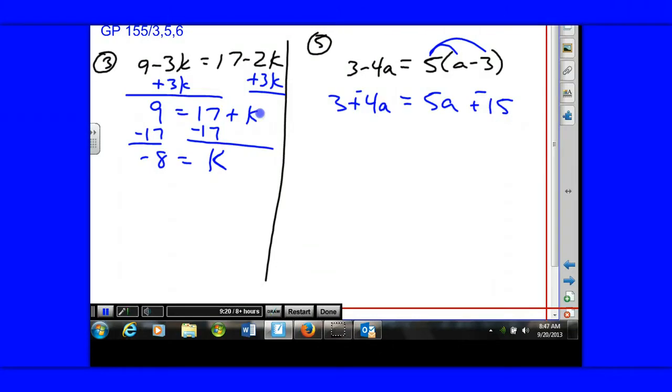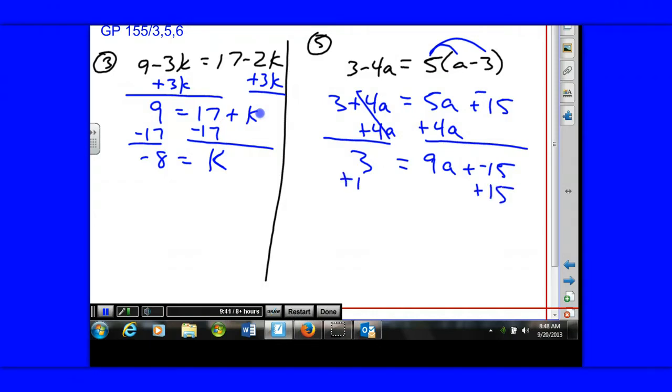So what is the inverse of negative 4a? Positive 4a. We're going to add 4a to both sides. And we end up with 3 equals 9a plus negative 15, or minus 15. The inverse of negative 15 is positive 15, so we're adding 15 to both sides. And we have 9a equals 18.